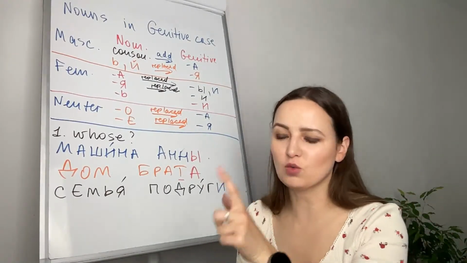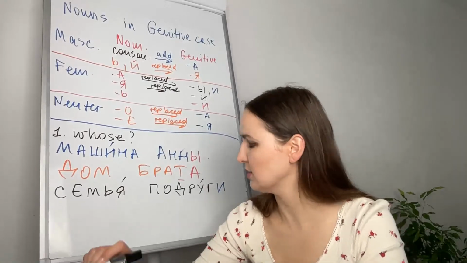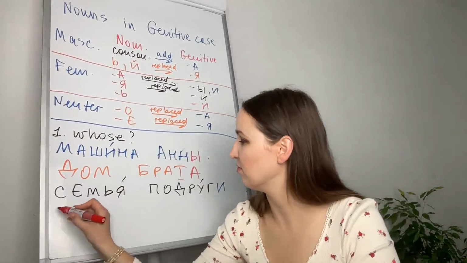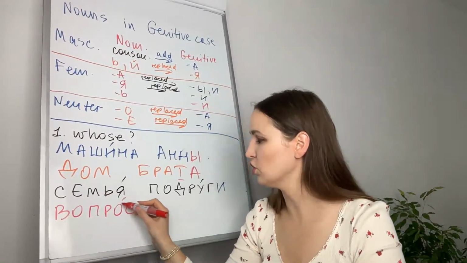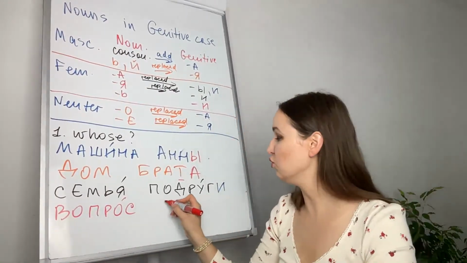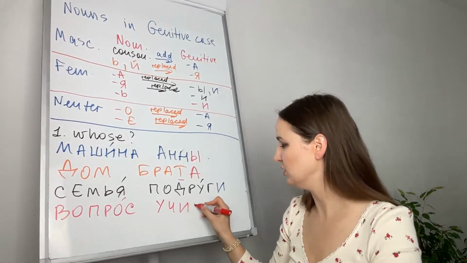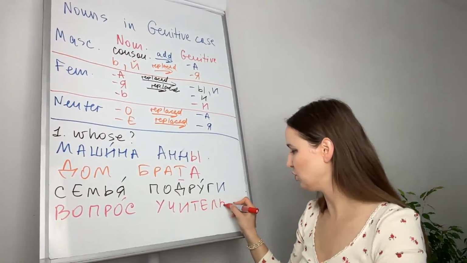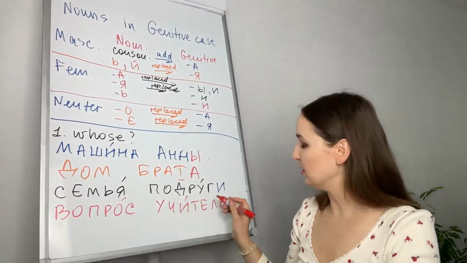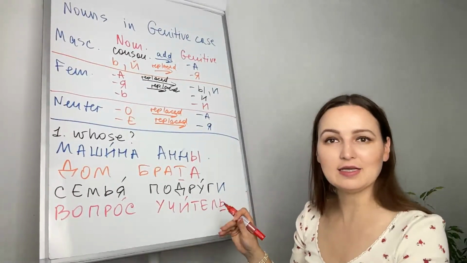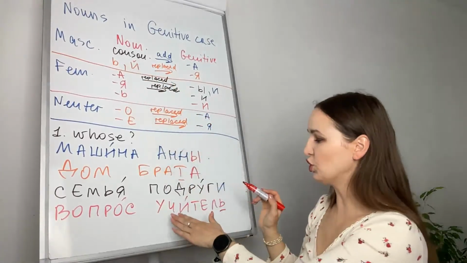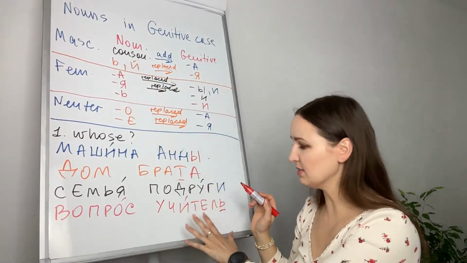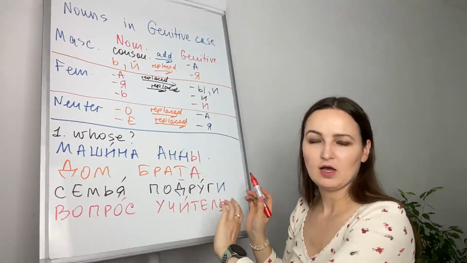Teacher's question. Вопрос. Question is вопрос. And teacher is учитель. Well, when we have мягкий знак at the end, it can be feminine or it can be masculine. Учитель and all the professions are masculine.